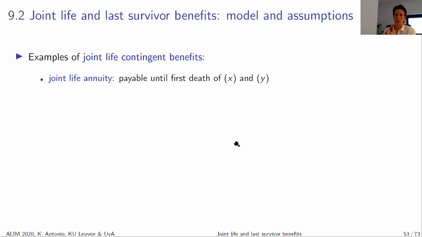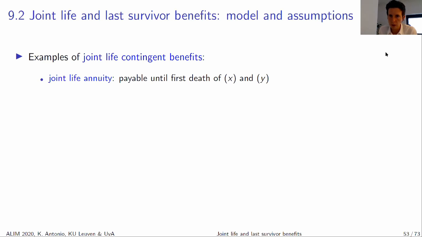Right, let's go back to the maths. So how do we want to work with this? Well, first of all, we can think about the different types of products. We call them joint life contingent benefits. Think about a joint life annuity that would pay a certain annuity income until the first death of the couple.